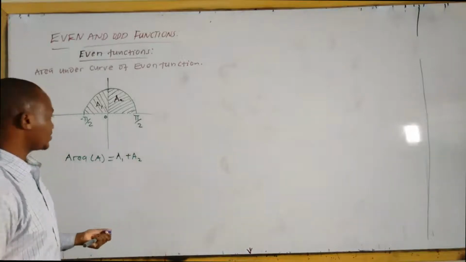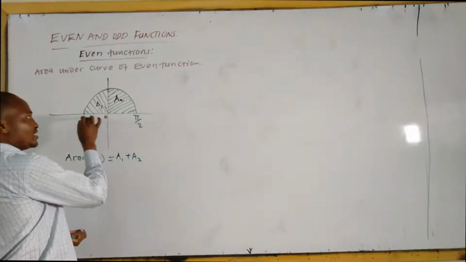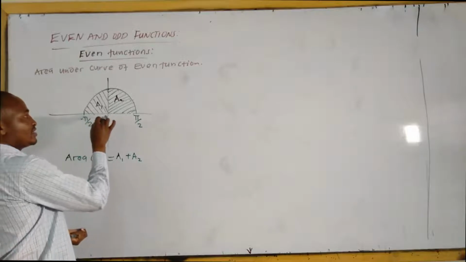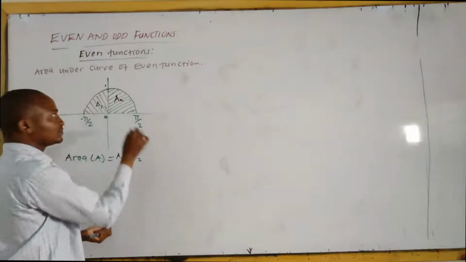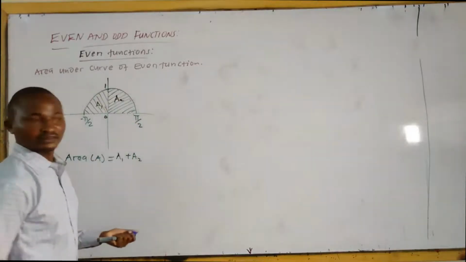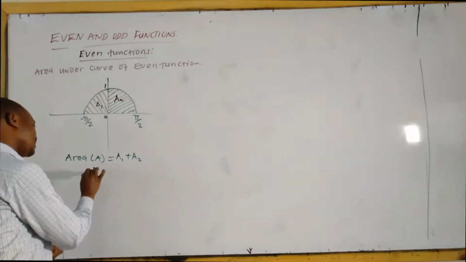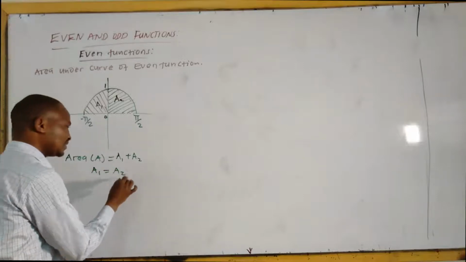And both areas are equal, by the way. From here to here is pi over 2 radians. From here to here is pi over 2 radians. And this is 1. We also know that area 1 is equal to area 2.